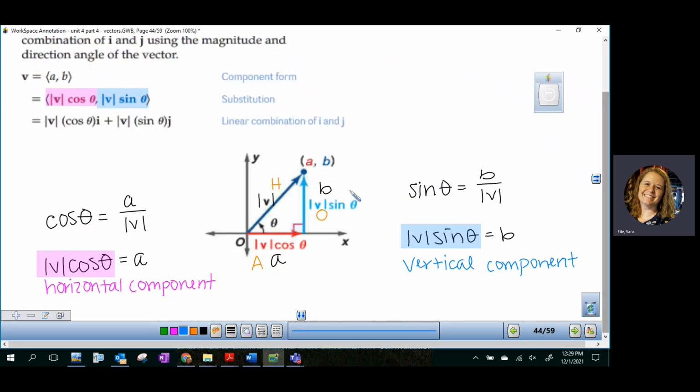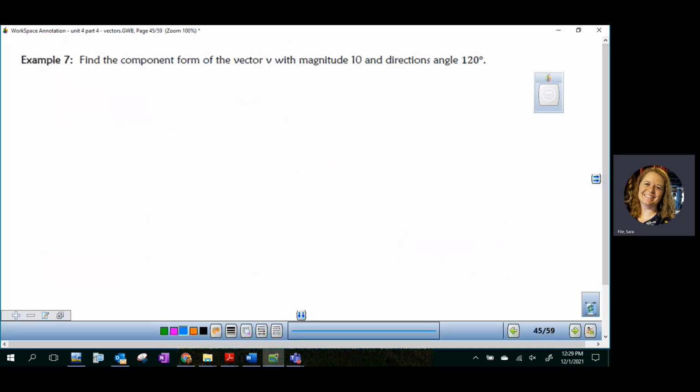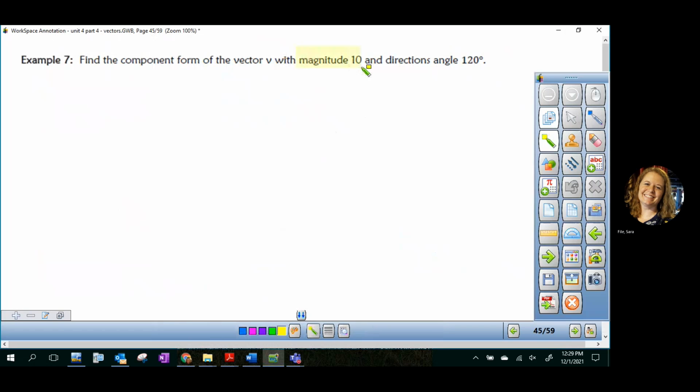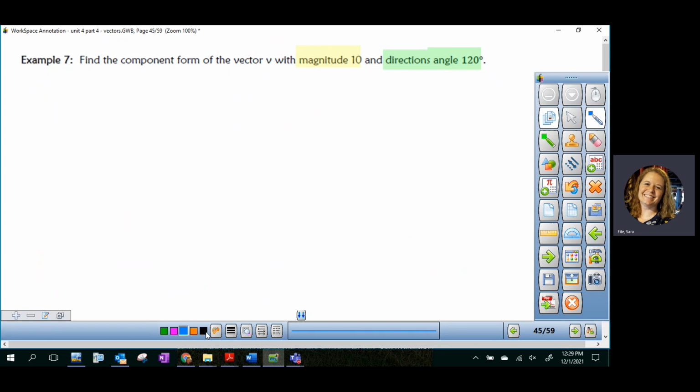Okay, so we're going to try and apply this. Instead of being given the ordered pairs of the initial and terminal points, they're told the magnitude of the vector is 10 and the direction angle is 120. Okay, we want to put it in component form.